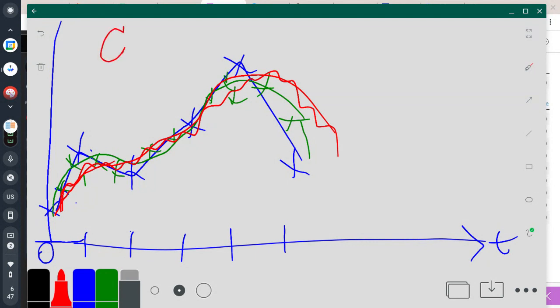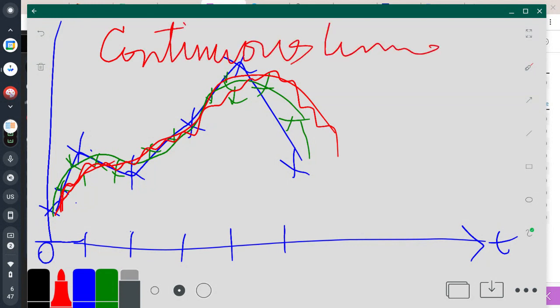If we use continuous time, can we have continuous data? Of course, there's no way to observe data in continuous time.